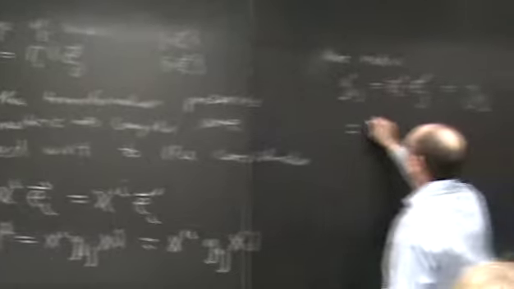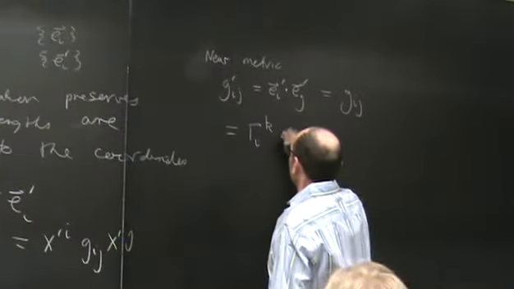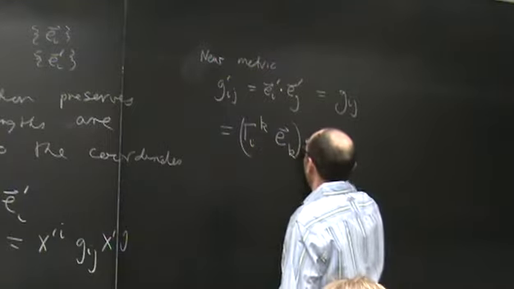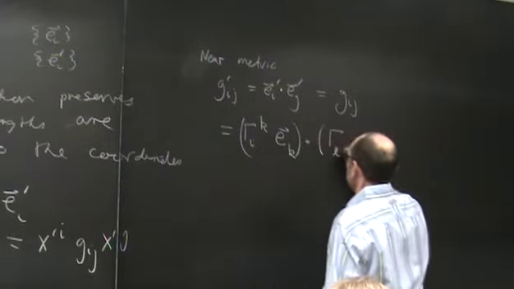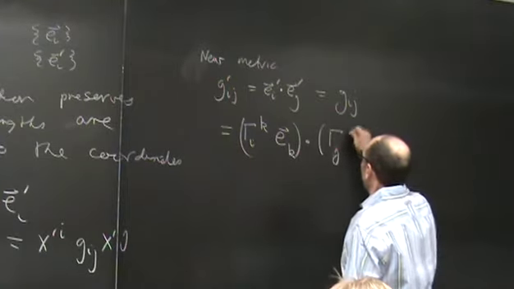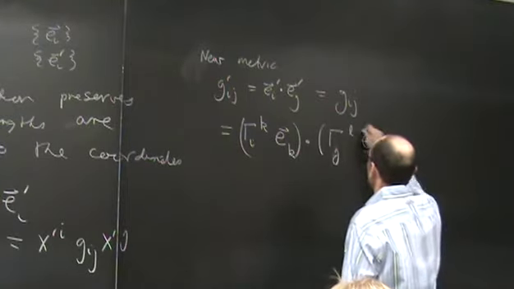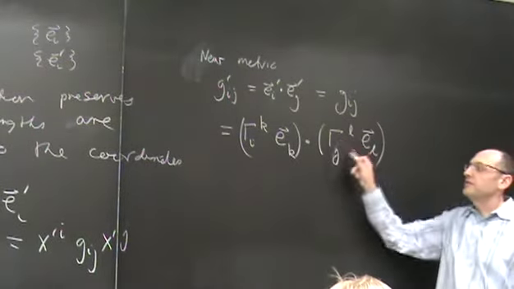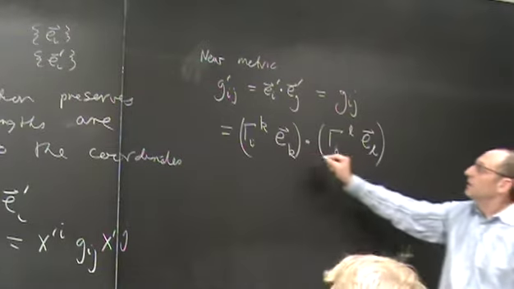So we have gamma ik ek dotted into gamma jl el. Okay, the dot product's linear. These are just numbers. They come through.